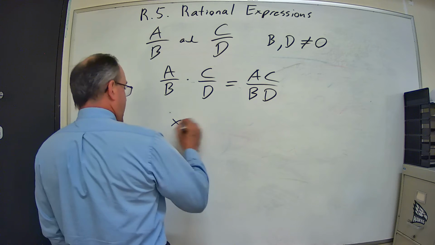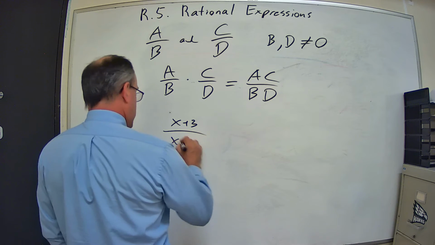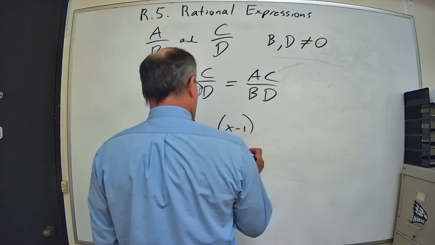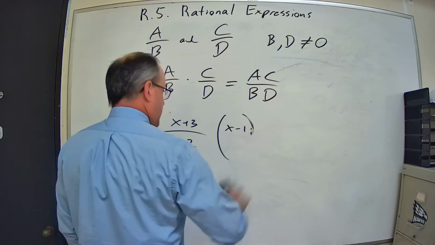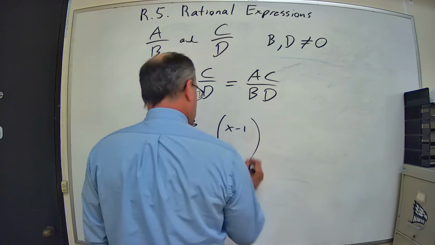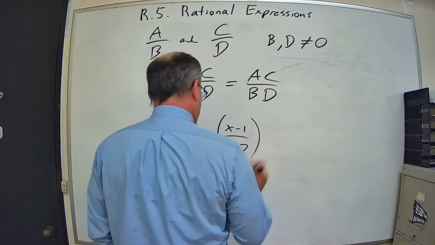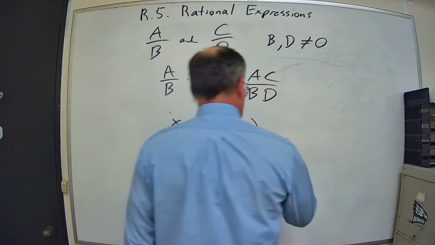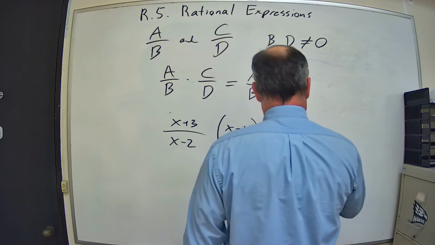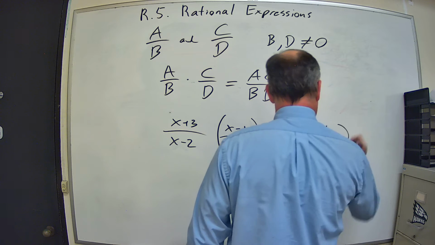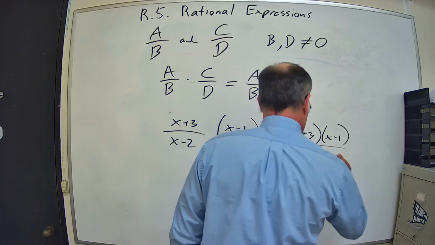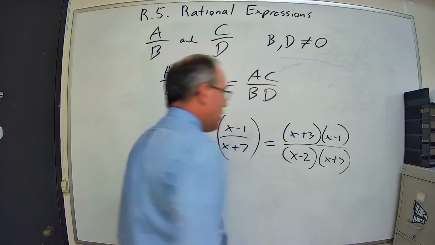If we have x plus 3 over x minus 2 times x minus 1, let's make that a full parenthesis, over x plus 7, then that multiplication just gives us x plus 3 times x minus 1 over x minus 2 times x plus 7.